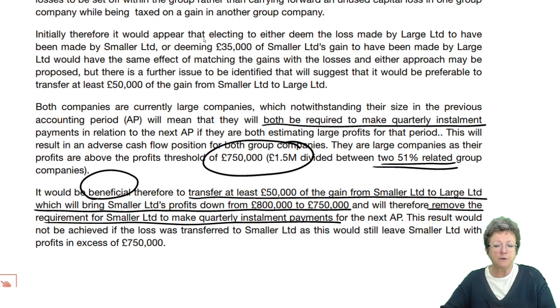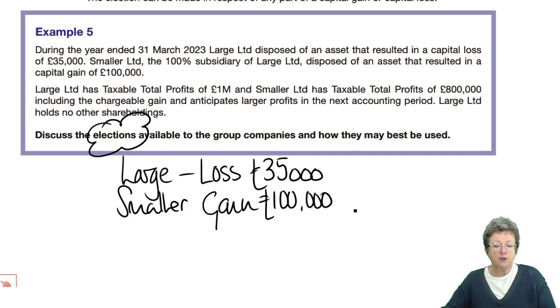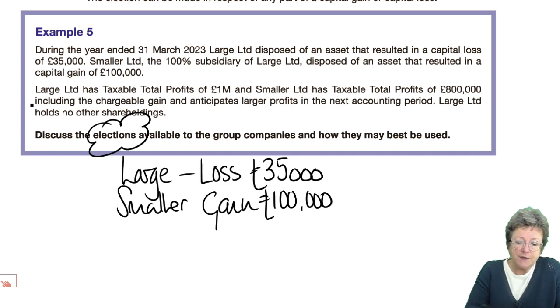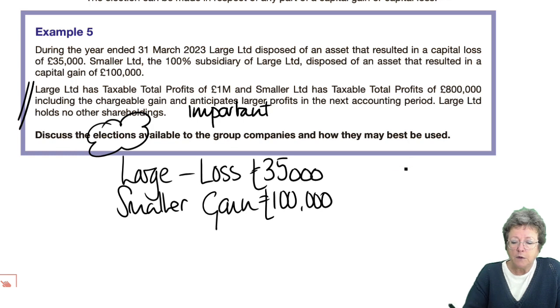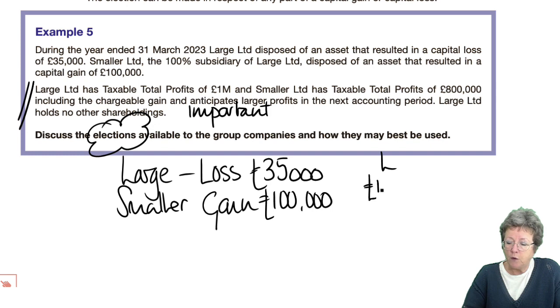Now, that's not the simplest of answers, but basically if you get a question that explains, you go back to the question, you've got this situation. This information here is important information. So if we've got Large has got profits of 1 million, which includes the gain.